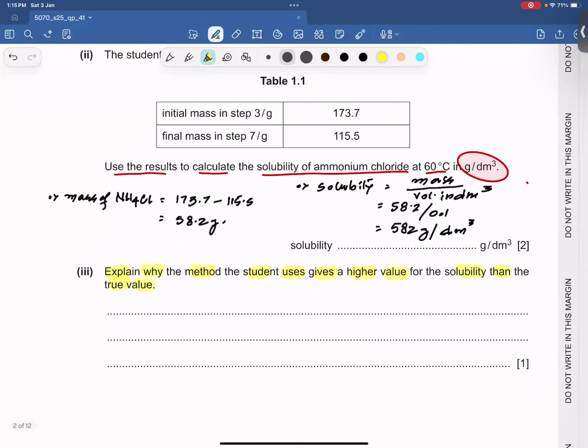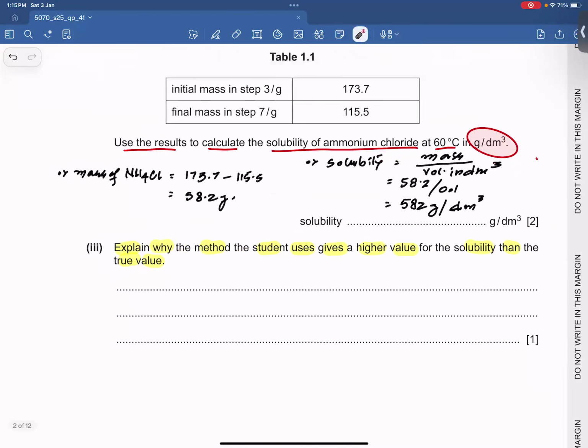The first possibility is that more water has been evaporated. If more water has been evaporated, obviously the volume of water decreases and therefore solubility increases, which is why the value calculated is higher than the true value. So more water has been evaporated.